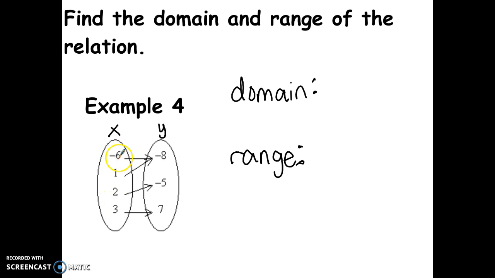So when we look at our x values, they are already listed in numerical order. So we're just going to write those down. -6, 1, 2, and 3. And then our y values or our range, they're also already in numerical order. So we're just going to write those down. -8, -5, and 7.